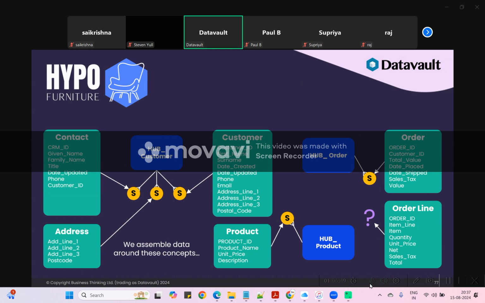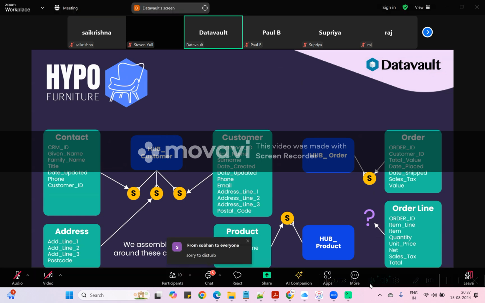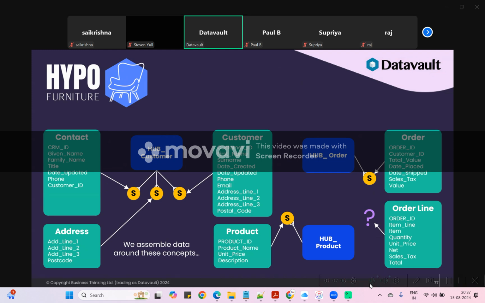Anyway, so here I have more than one satellite hanging off of hub customer, and what you'll see is that one satellite is linked back to one source table. So a source table can feed a satellite. A satellite can only come from the one source table, but a source table could be cut up and fed into more than one satellite.